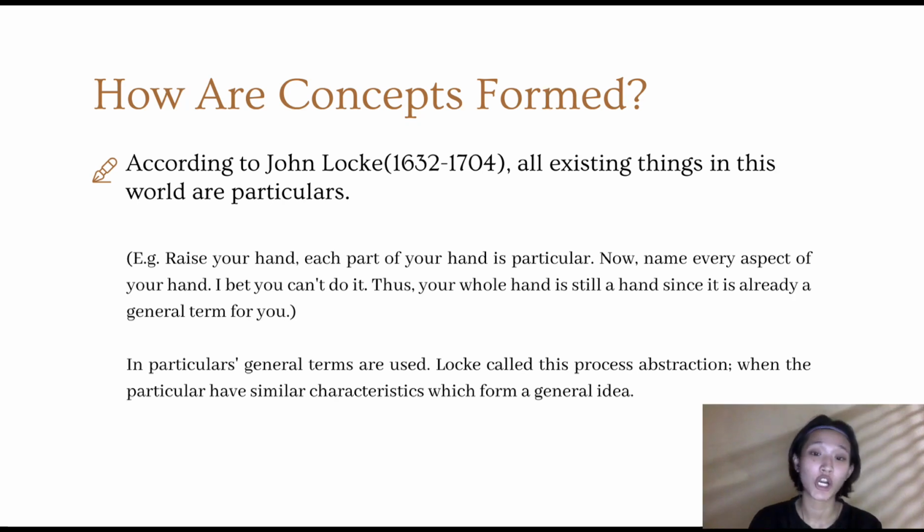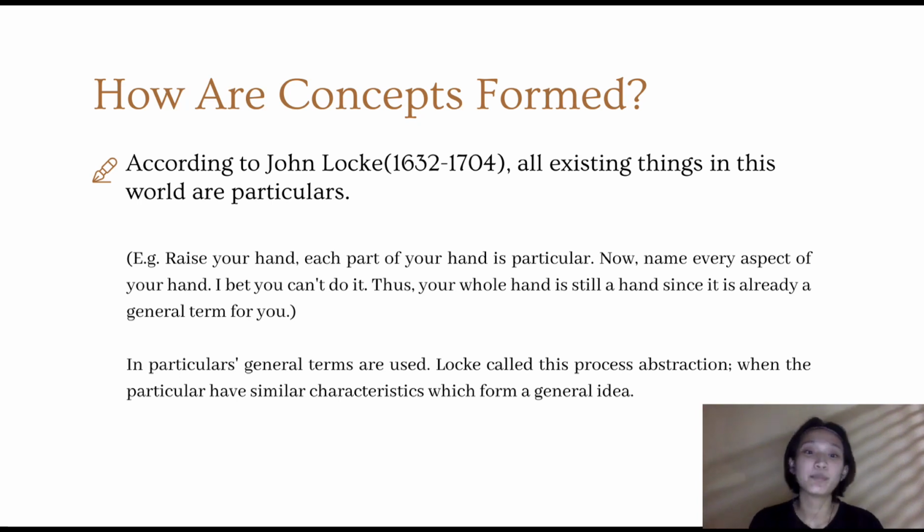According to John Locke, all existing things in this world are particulars. So, raise your hand. Each part of your hand is a particular. Yung linya, yung dugo, kahit ano pa yan. Now, name every part of your hand. I bet you can do it. Thus, your whole hand is still a hand, since it is already a general term for you.